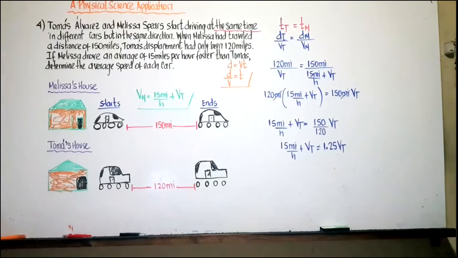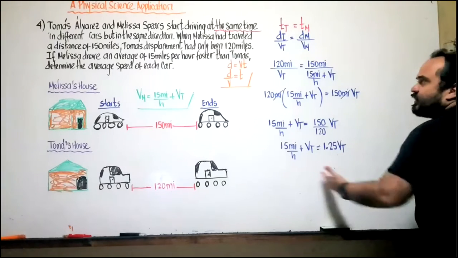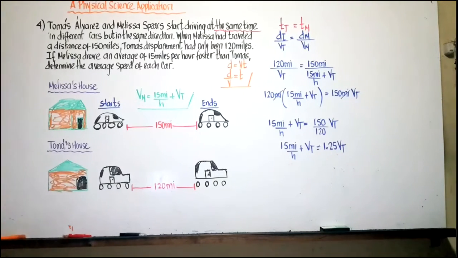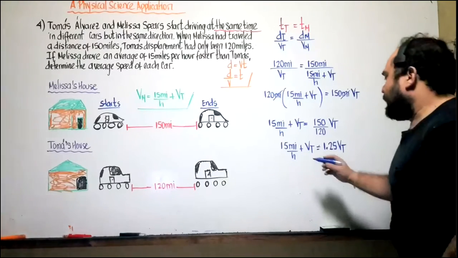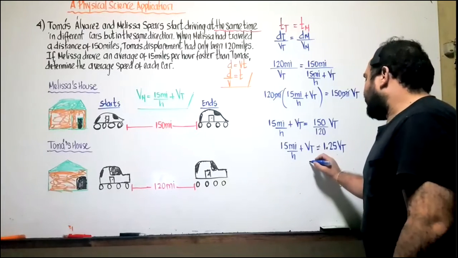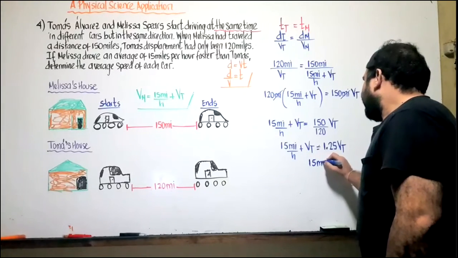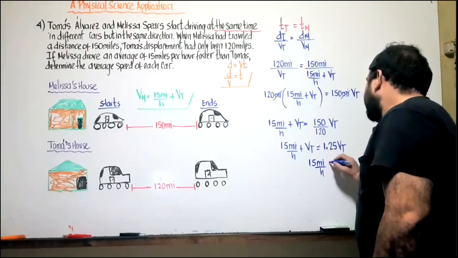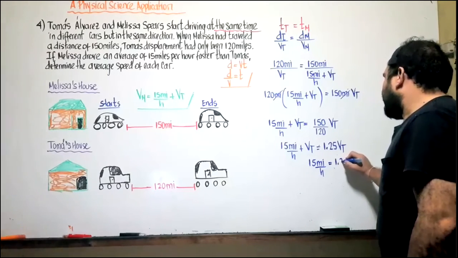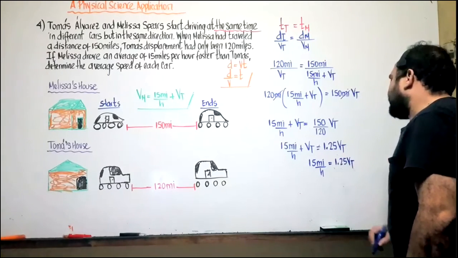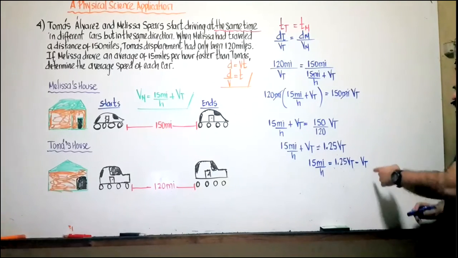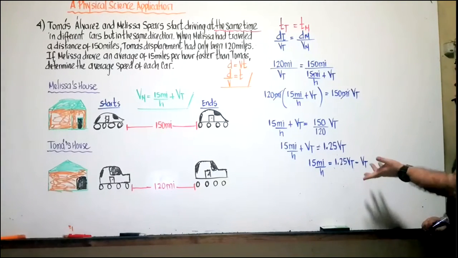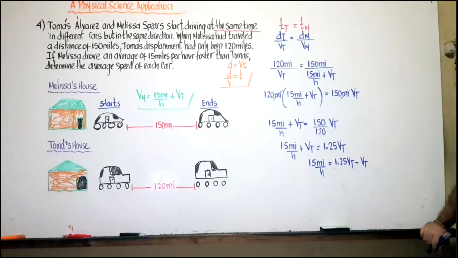So what we're going to do, we have a linear equation, right? We can perfectly solve for the velocity of Thomas, because this quantity is adding, passes to subtracting, and we got the number one imaginary number. So we got 15 miles per hour equals 1.25 velocity of Thomas subtracting velocity of Thomas. Even though you're not seeing it, there is an imaginary negative number one.